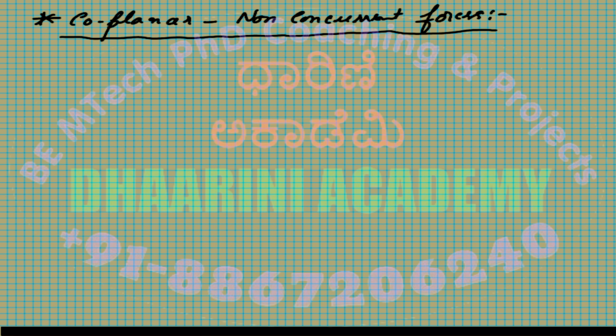So as the name suggests, all the forces will be acting on the same plane, but they are not acting on the same point, but they are acting on different points on the same plane, right? So let us see an example, right?